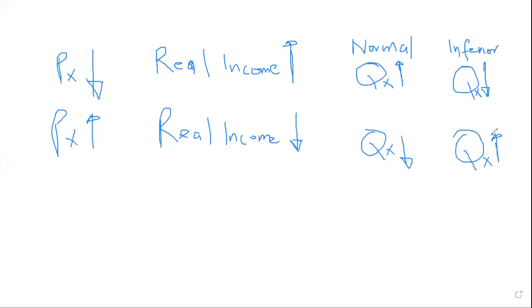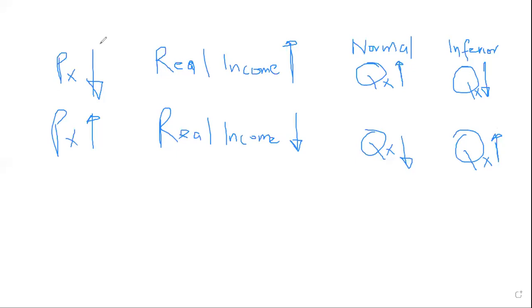So it depends on the type of commodity. Now, given this, let's analyze the direction of change for income effect.